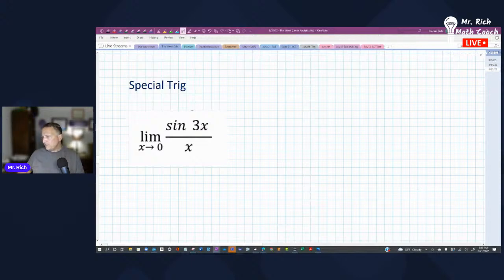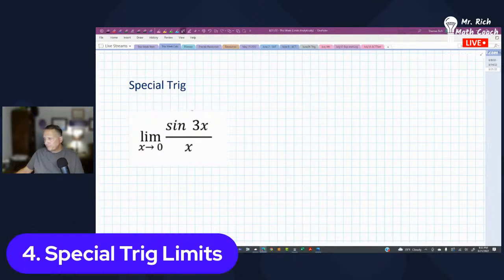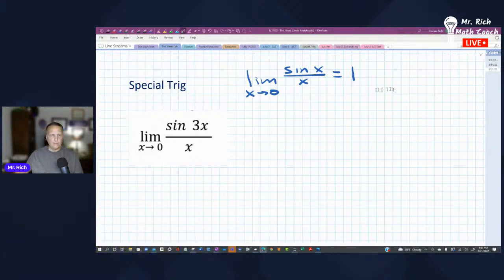I want to talk about next the special trig limits. And what I'm going to do for special trig limits is I'm going to use a limit that you may have seen in your class here. The limit of the function sine x over x as x goes to 0 is equal to the number 1. So that's something that I'm going to use to evaluate a few limits here.